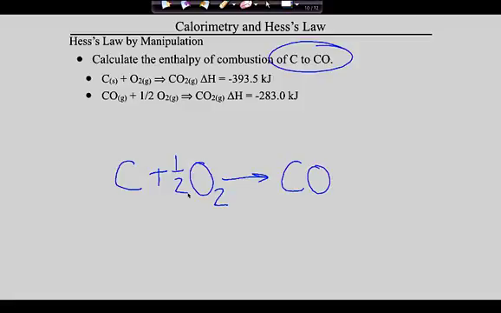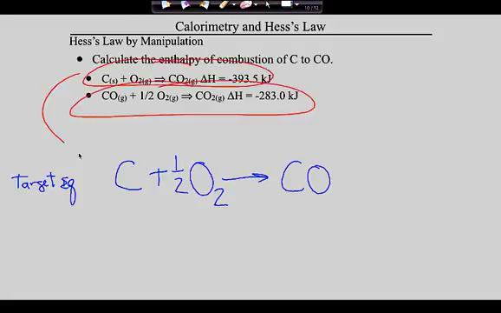Now we've got what we call our target equation. Some people call it a subject equation. Now we've got to figure out what we can do to these guys to make them look like this guy. And we do that through a process called manipulation.